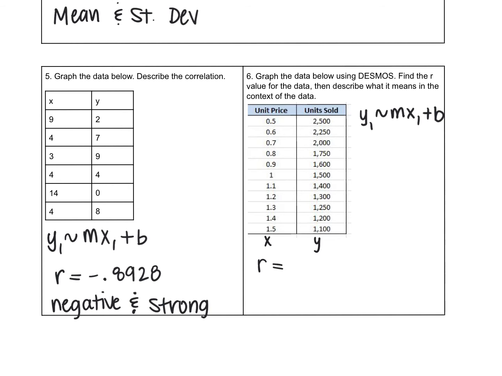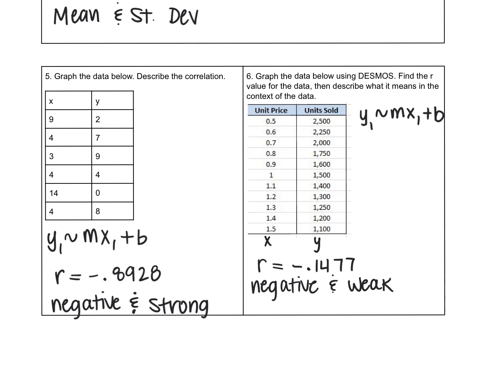So in this case, r is going to be -0.1477. So if we're describing what this means in the context of the data, we know that it's negative, because again, r is negative, but this time 0.1477 is actually pretty close to 0.